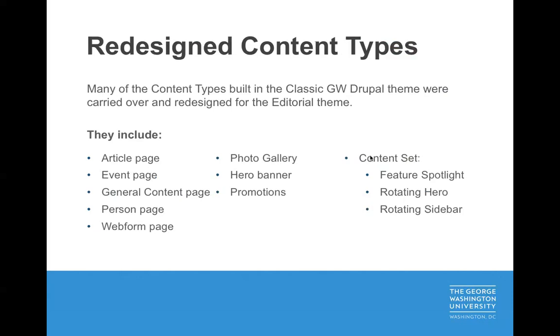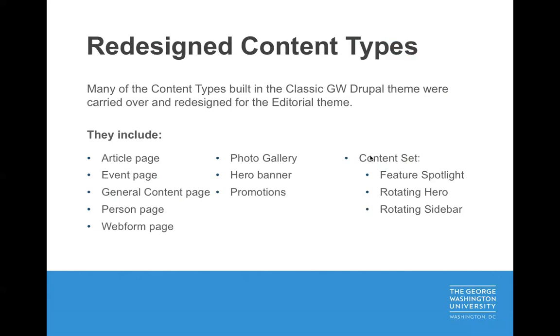And then we also redesigned the several content sets. So the feature spotlight, which traditionally on our classic theme sites have served as kind of a welcome message. Now they serve more for that featured news item that you might want to have at the top of your page. The rotating hero has been carried over as well, and the rotating sidebar has also been carried over. So those are some of the things that existed in the classic GW Drupal website.